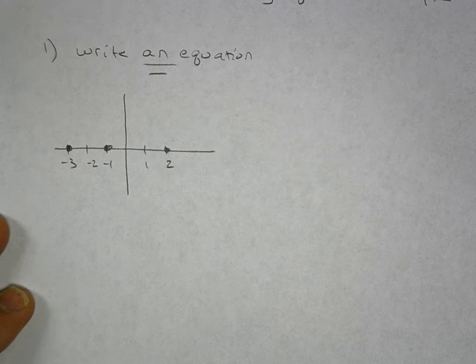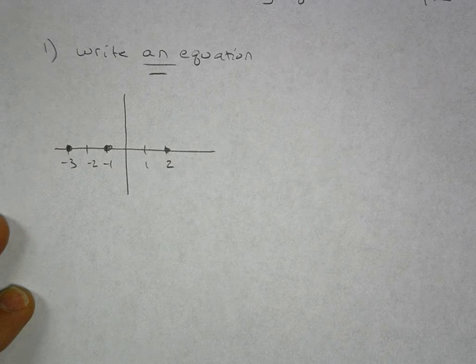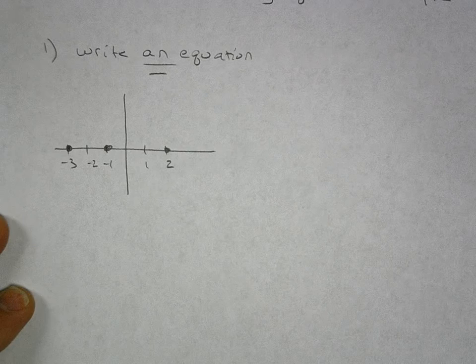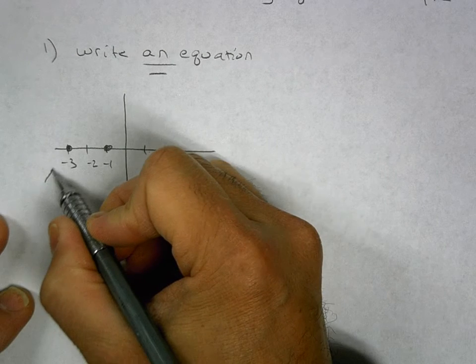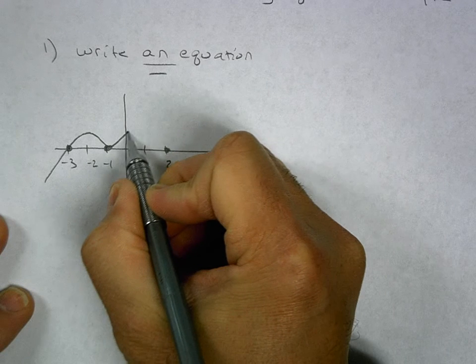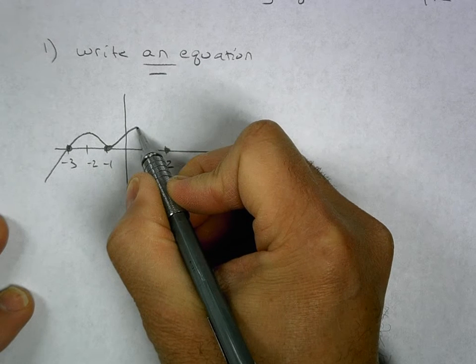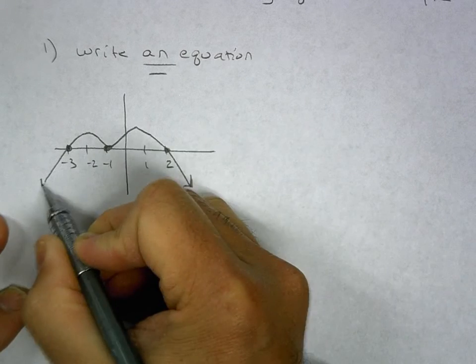And then I'll graph it in a second. Okay, at -3, start down low and left, but it crosses. It'll bounce right there, and then it'll cross at 2, so something like that. Okay, there's our graph.